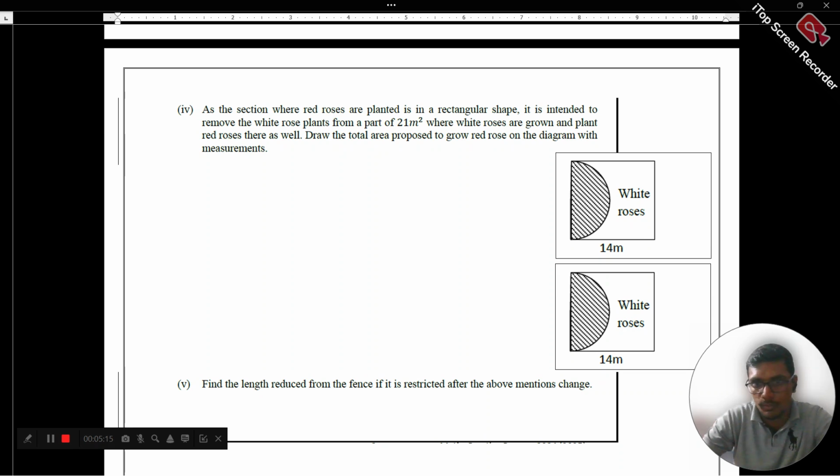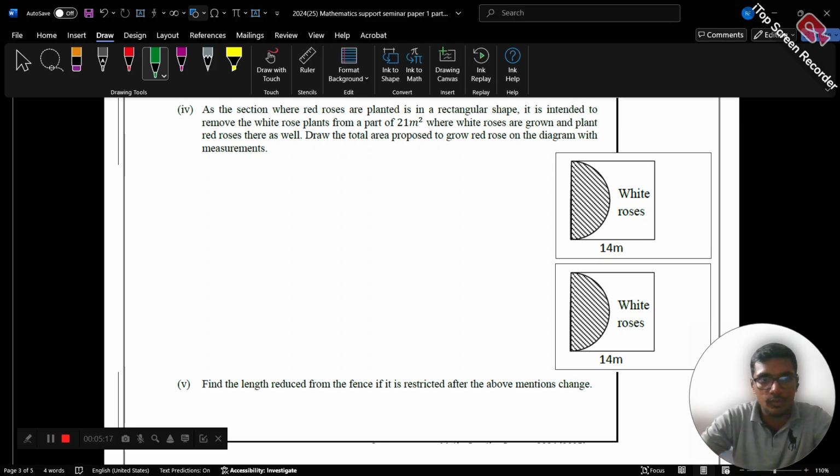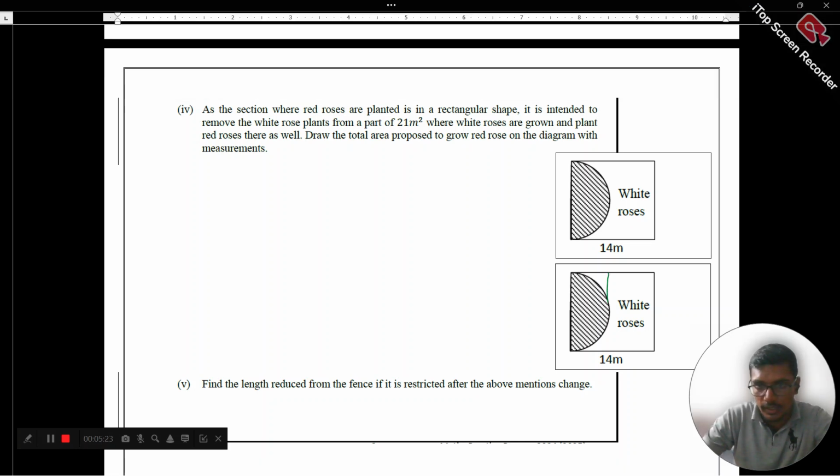They won't be removing red roses, only white rose plants. The minimum possible way is to draw a line touching this circle like a tangent.